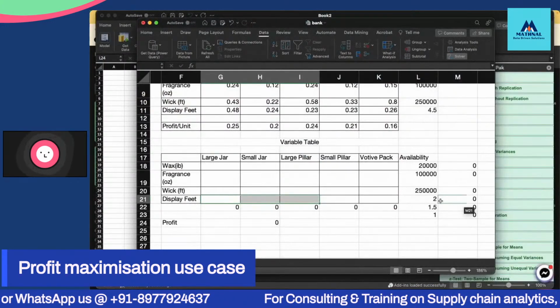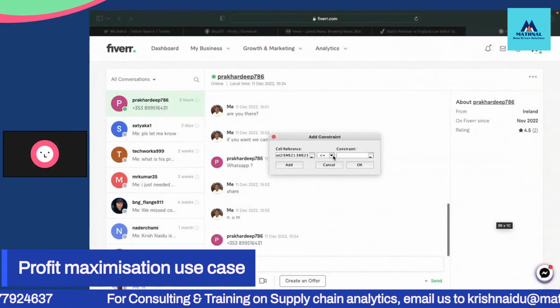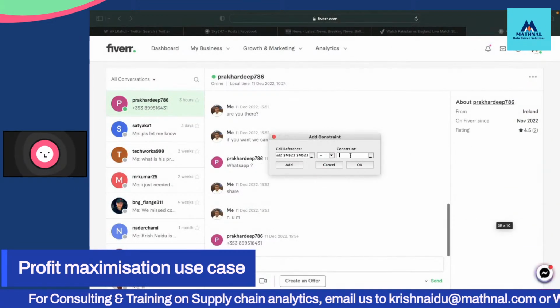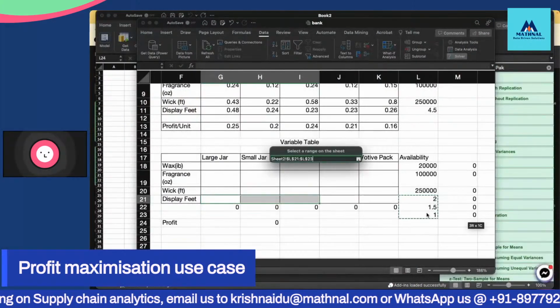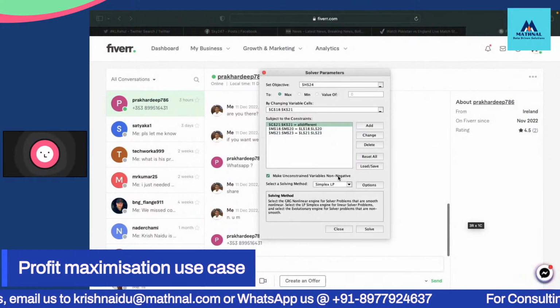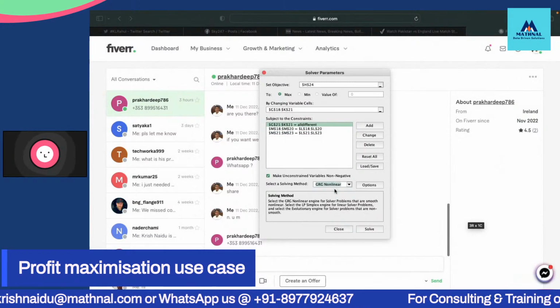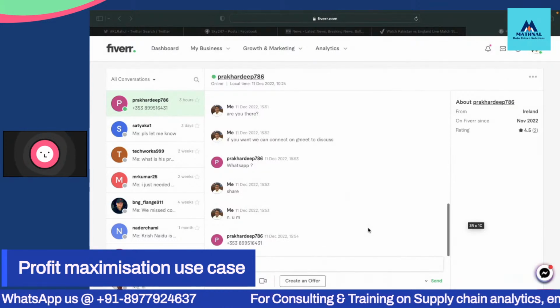So this 3 should be equal to this 3. Add. Then again, let's solve this problem using GRG Nonlinear. Let's see whether we get the right solution or not.